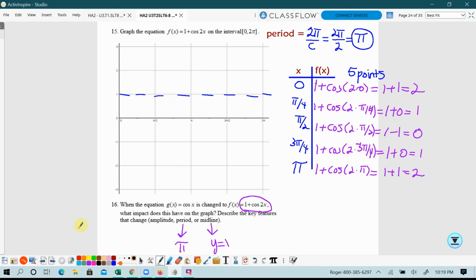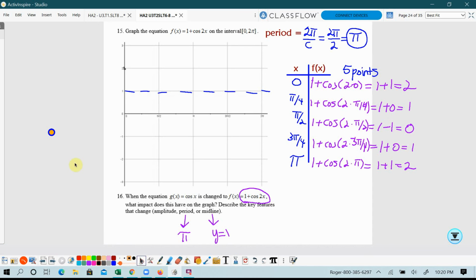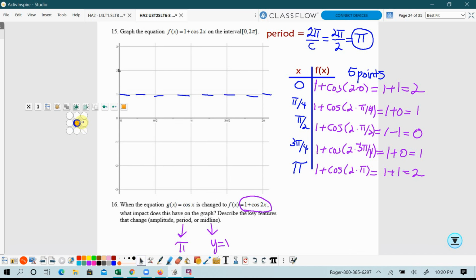Now we're going to plot the points. Alright, so we're going to plot 0, 2.